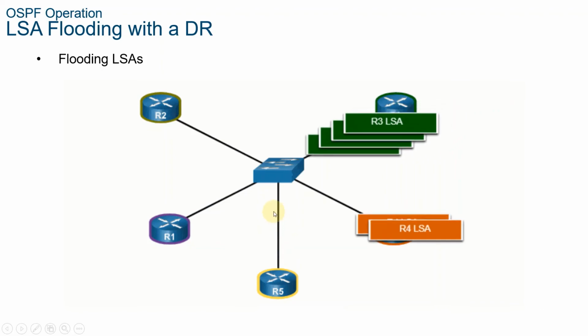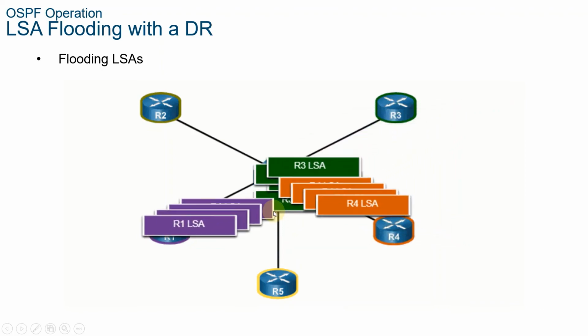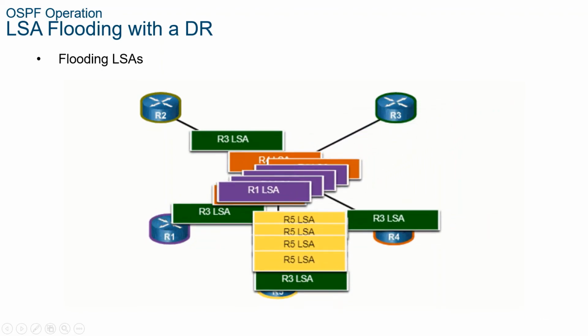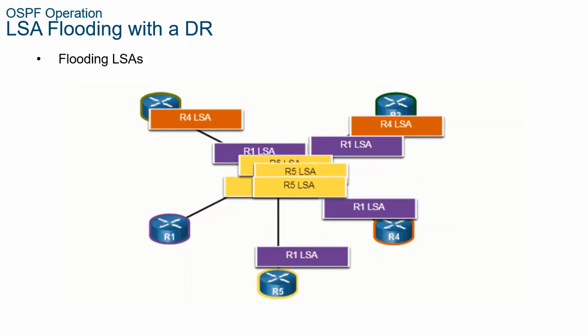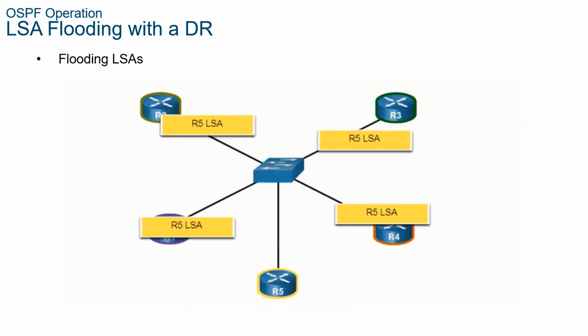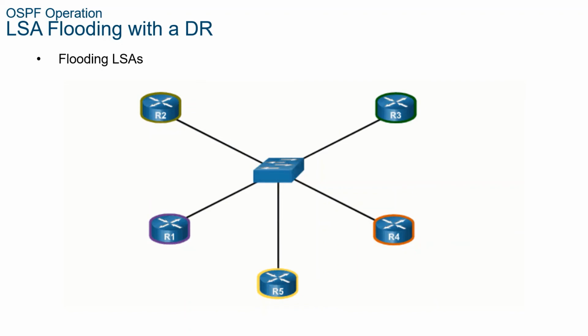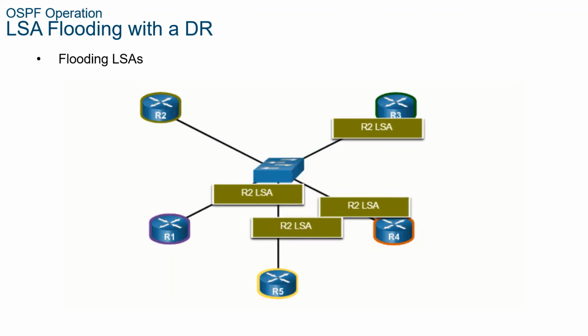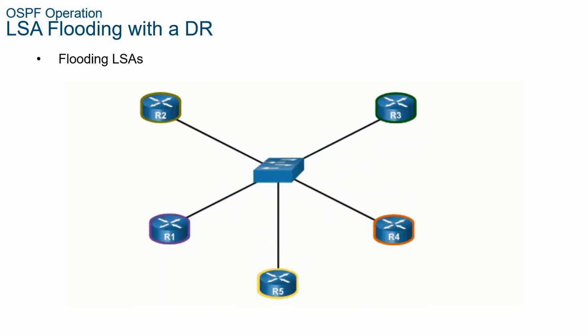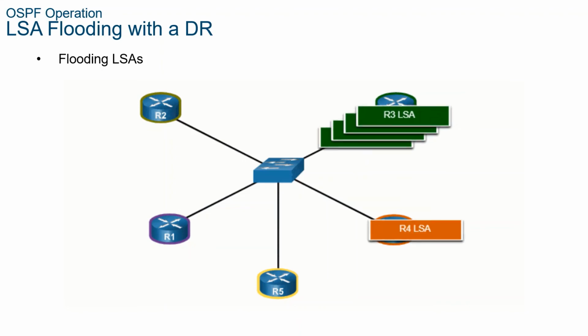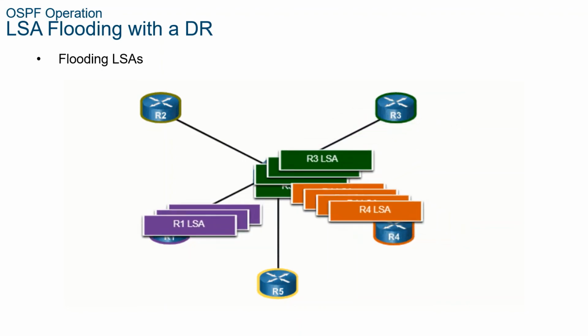Not shown in the animation, a required acknowledgement is sent for every LSA received. So if every router in the multi-access network had to flood and acknowledge all received LSAs to all other routers on that same multi-access network, the network traffic would become very chaotic.